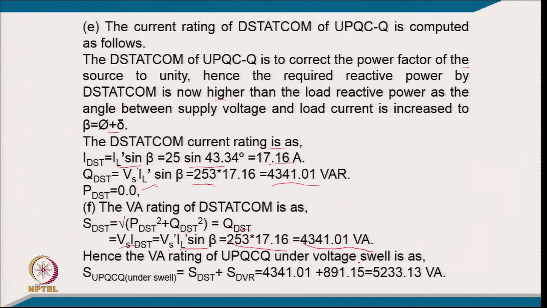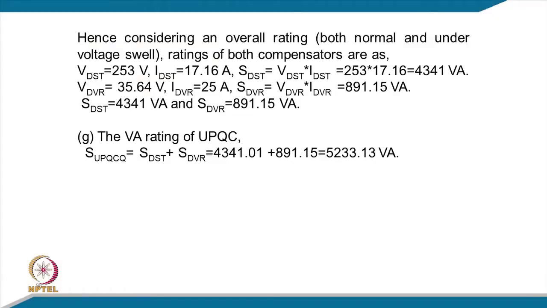Hence, the total VA rating of the UPQC will be S D-STATCOM plus S DVR, that is the D-STATCOM rating plus the DVR rating, typically the sum of these two. So it becomes 5233.13 VA. Hence, considering the overall rating for both normal and voltage swell, the rating of both compensators: the voltage of the D-STATCOM is 253, current 17.16.